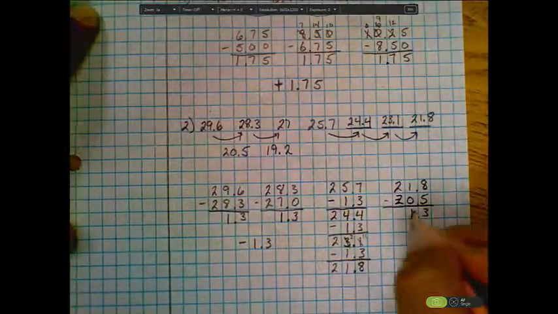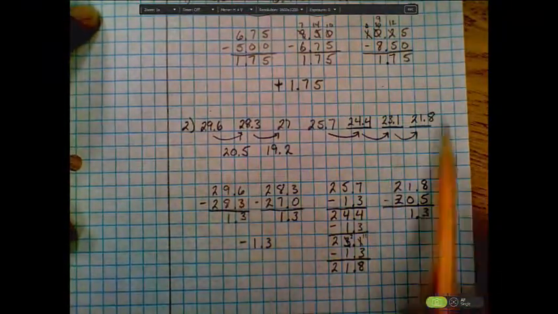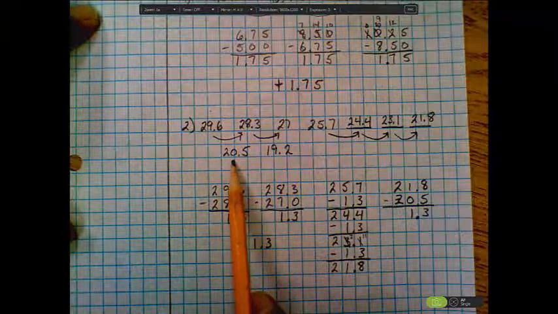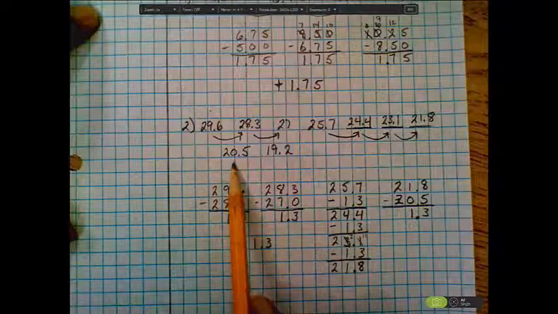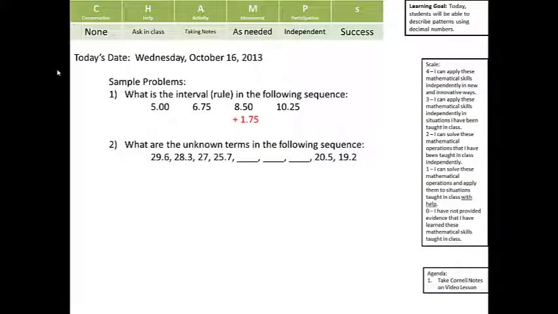We put it, and again we see that when we subtract we get that interval of 1.3 again, so we know that we've gone ahead and continued our sequence. Okay, so let's go ahead and check our answers. And we see they are 24.4, 23.1, and 21.8 are the unknown values.